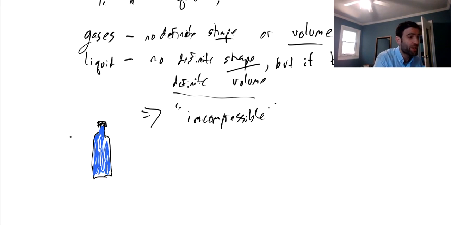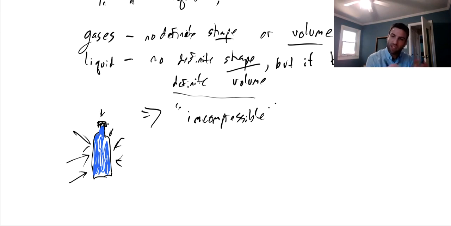Well, remember, air molecules are bouncing against this water bottle all the time, and the bottle itself is maintaining its own shape. So the water molecules are also bouncing against the sides of the container in such a way to balance the pressure coming from the outside, from atmospheric pressure.